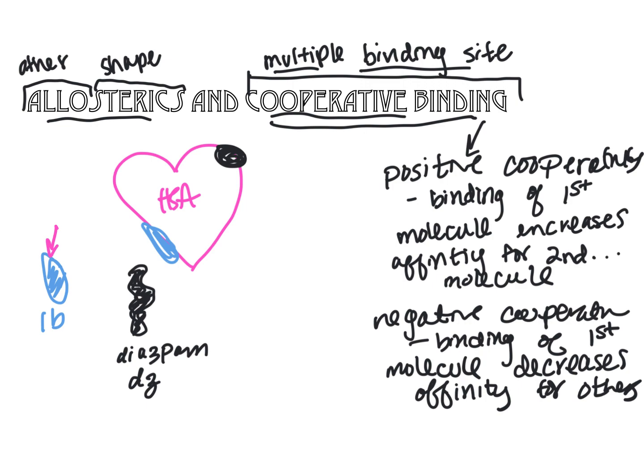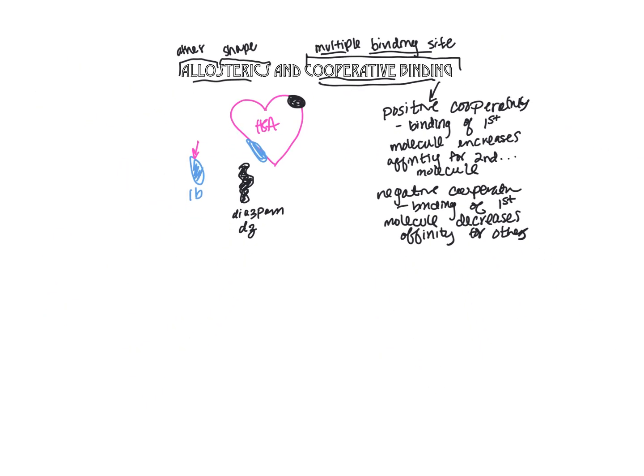And so I'm going to talk about, I said that there were three cases. There's the two main cases, and I'm going to talk about each of these, but the third case is just not cooperative. Okay, so let's say the first case will be positive cooperativity.